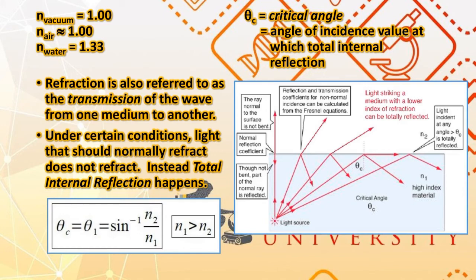Theta c is equal to inverse sine of N2 divided by N1. And the other condition is that N1 must be greater than N2. When these two conditions are satisfied, total internal reflection happens.